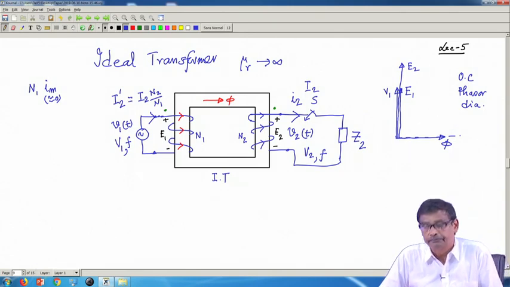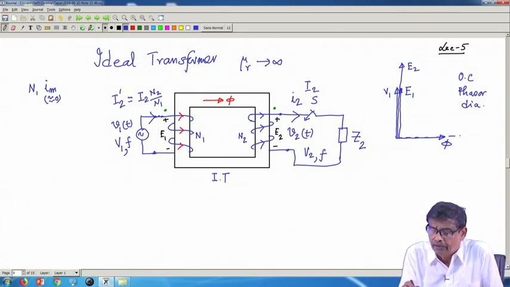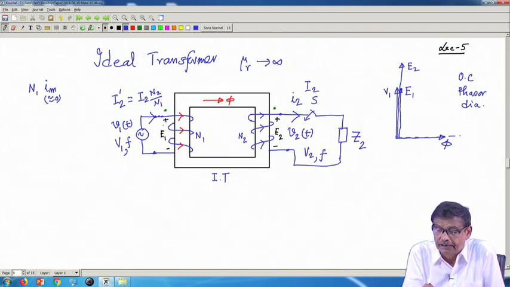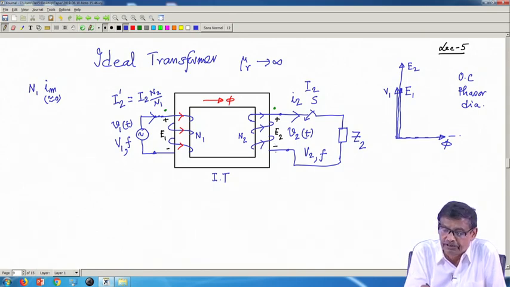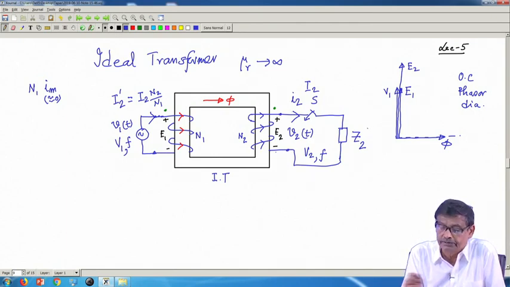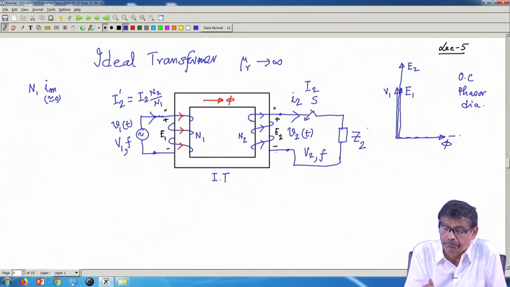Is that clear? Therefore, if you load the secondary, the primary will draw an extra current, and this is called the reflected current drawn from the supply. Mind you, we also discussed the dot conventions for polarities. If at any instant this is plus, this will be plus. I will define the potential of this point with respect to this, and the secondary current I will take as leaving the dot, which is the convention I have adopted.